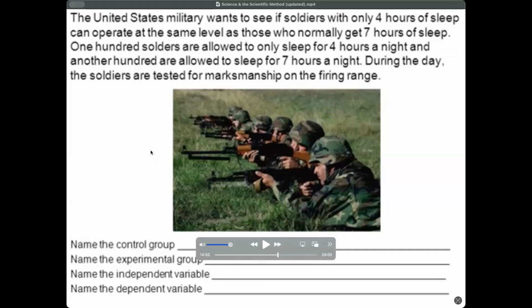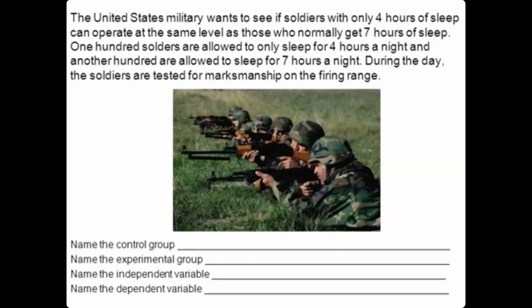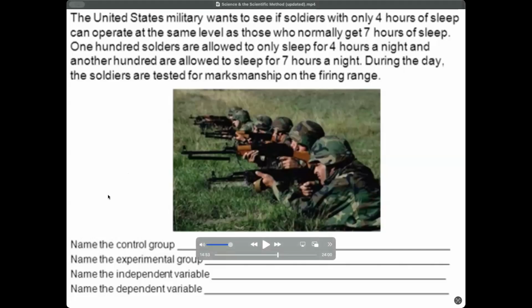Okay. Let's see if we can do this one and get it right. It's not too complicated. What is the control group? Anybody, you can just unmute yourself and holler which one you think is the control group. The soldiers. Well, they are the subjects of the experiment, but which do you think is the control group?